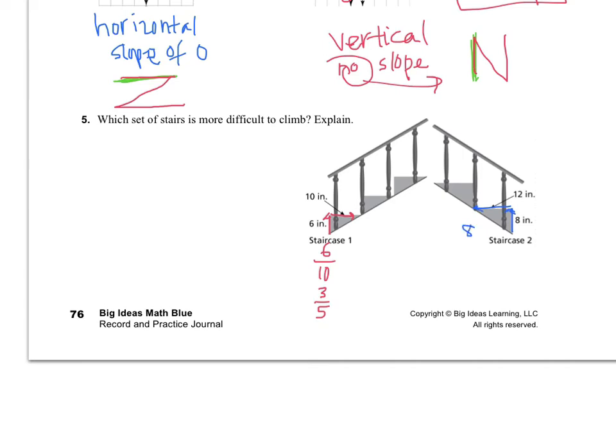So that makes its slope 8/12. And if you reduce that, you get 2/3. So which is bigger, 3/5 or 2/3? Which one is a larger value? Well, hopefully you say, because you know fraction knowledge, that 2/3 is bigger. So we'll say staircase 2.